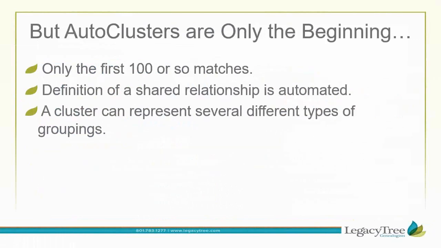But AutoClusters are just the beginning of some of the possibilities of what we can do with cluster methodology to really narrow in and find the genetic cousins who are going to be most helpful to us in addressing and answering our research questions and achieving our research objectives. And some of the reasons for that are, first, AutoClusters really only focuses on the first 100 or so matches in your DNA match list at MyHeritage.